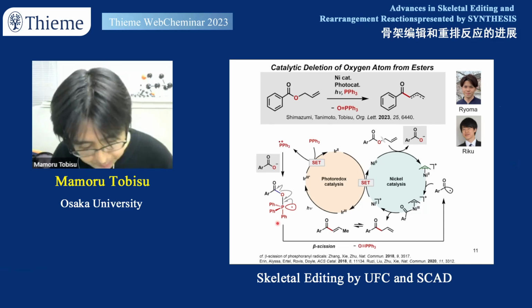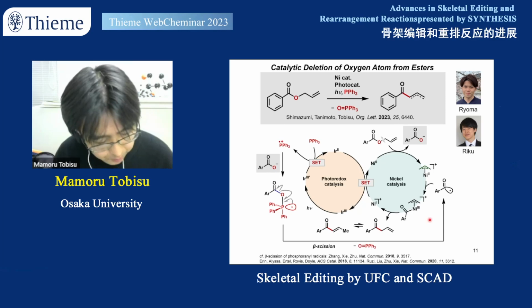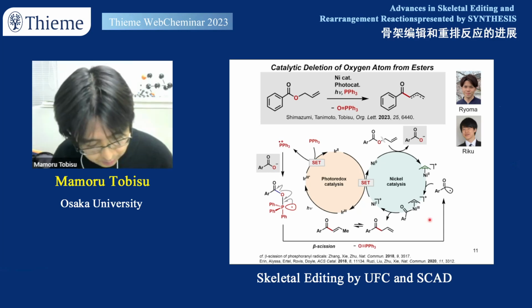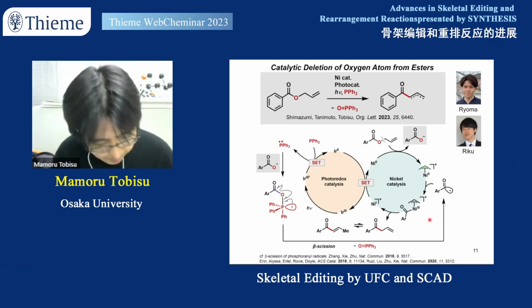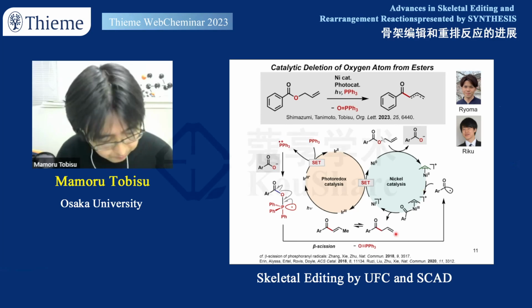This phosphoranyl radical is known to undergo beta scission to generate the acyl radical with the liberation of phosphine oxide. The resulting acyl radical then reacts with the pi-allyl nickel species to form the deoxygenation product by reductive elimination.